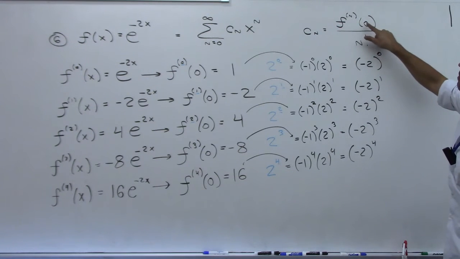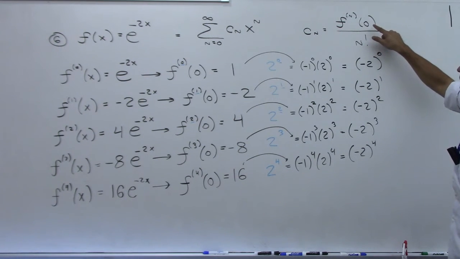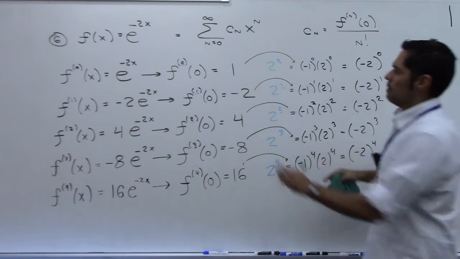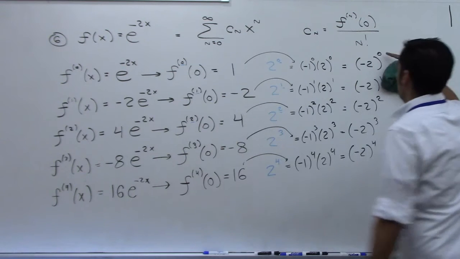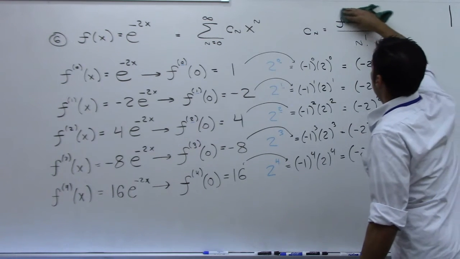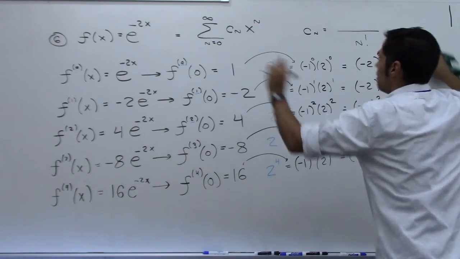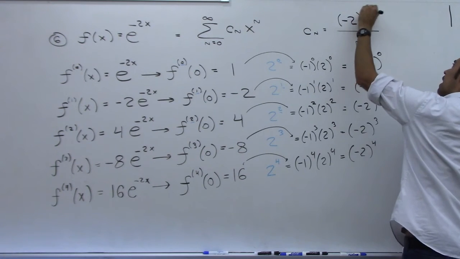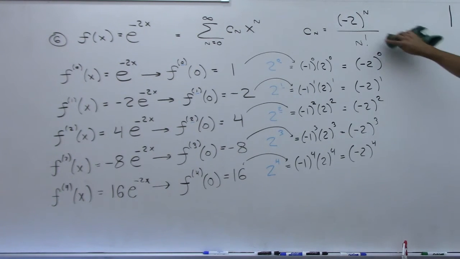So what then can I say about this? What's the nth derivative at 0 going to be? Well, remember that this derivative tells us the power on the negative 2. That's all it does. So my c sub n's in this formula, or in this particular function, should be negative 2 to the n, and then it's always divided by n factorial.